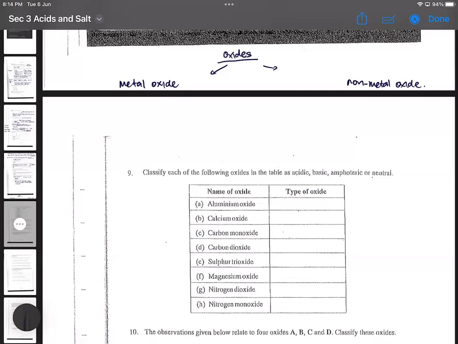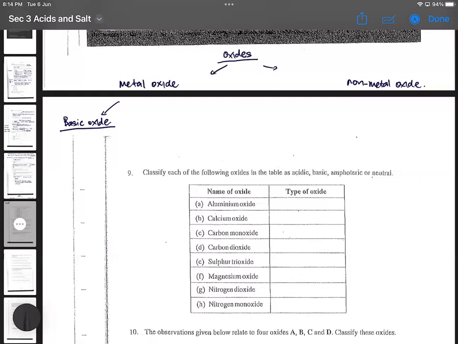The first metal oxide is called basic oxide, also known as bases. As a metal oxide, they are considered a base.